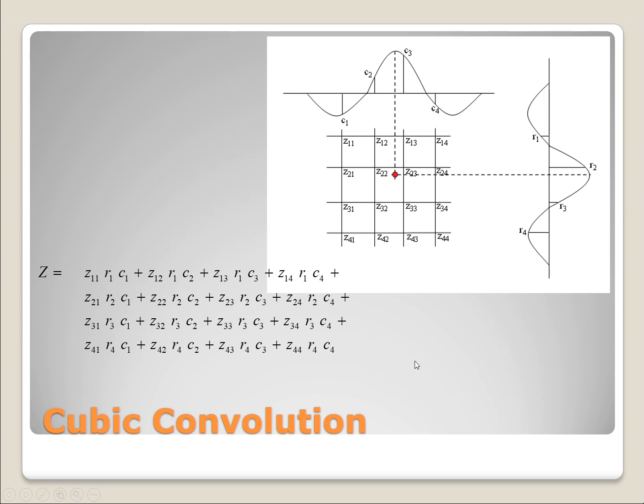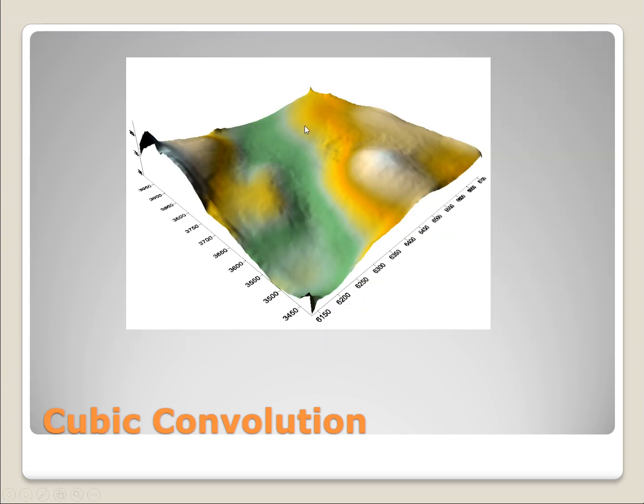So the benefits of using a cubic convolution is that it's smooth. It's a smooth surface. It does take into account a lot more that's going on around it. But one of the disadvantages is that the edges kind of explode. They have some weird things that happen to them. So you have to be really careful with that. You may end up cropping out those edges. Data is money, but you may find that that's more beneficial.